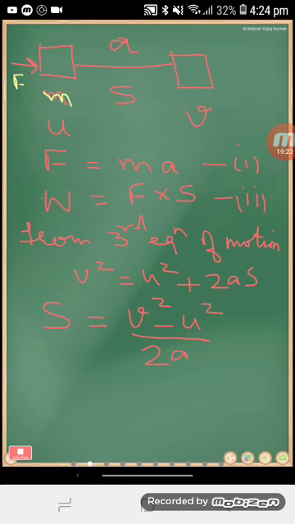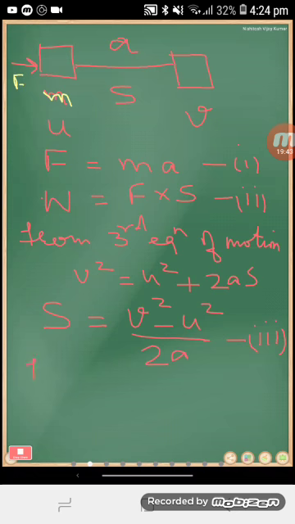Let it be the third equation. So we have the value of force from the first equation and the value of s from the third equation, and we put them in the second equation.